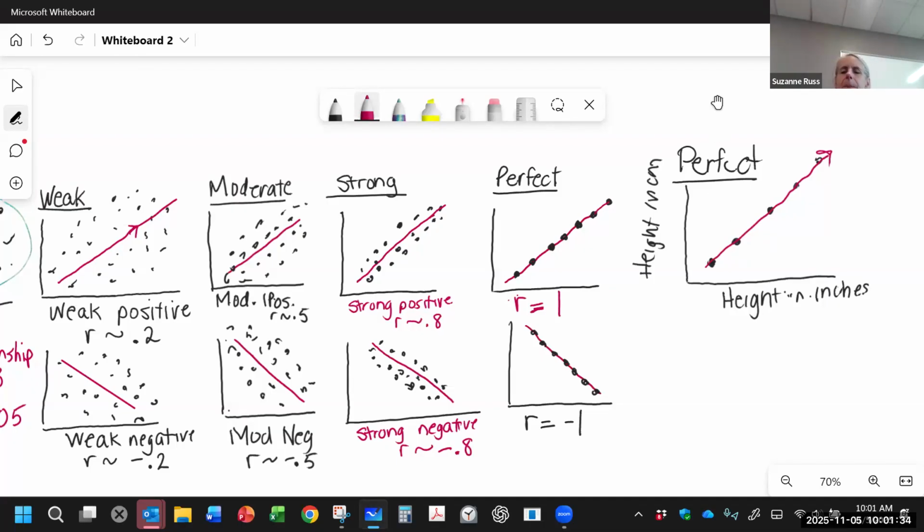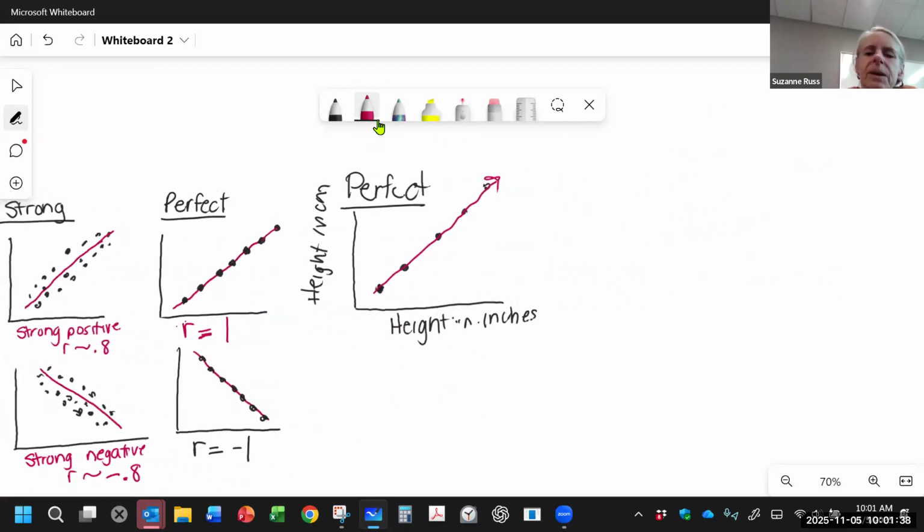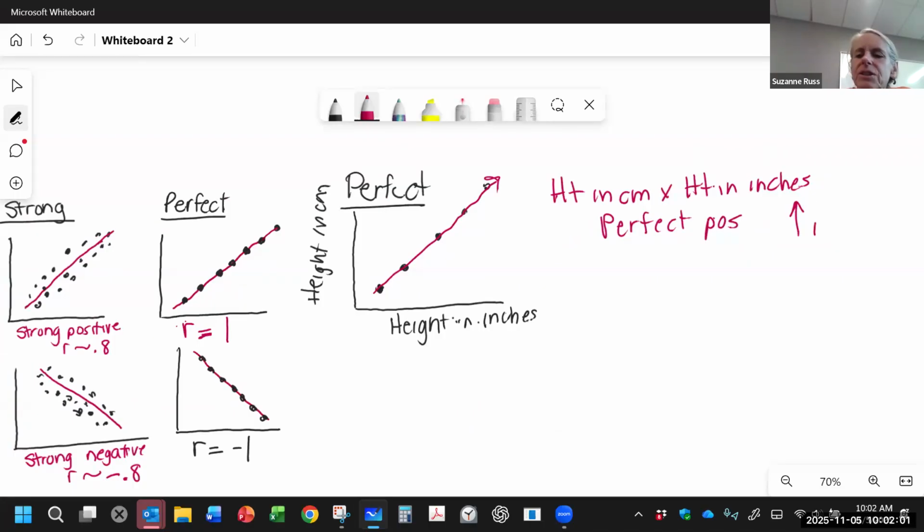Positive. So let me move this over and write that. Height in centimeters by height in inches. Perfect positive. Because as height in centimeters goes up, height in inches goes up.